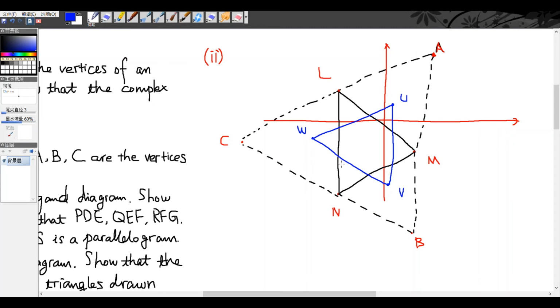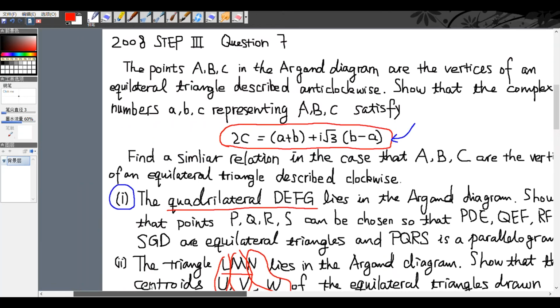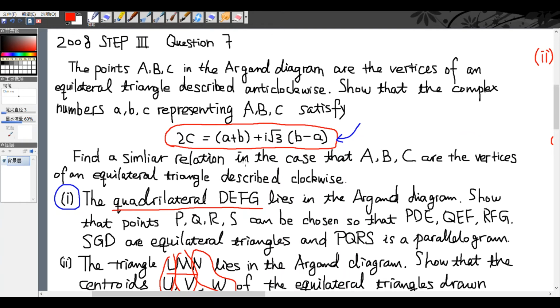Okay. So just to recall, we have proved that an equilateral triangle in a complex plane must satisfy this equality.